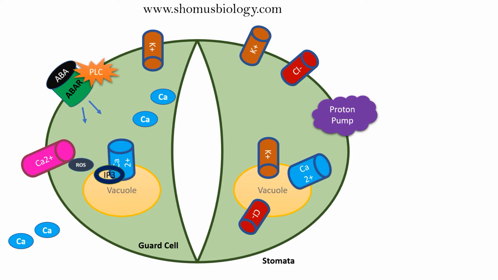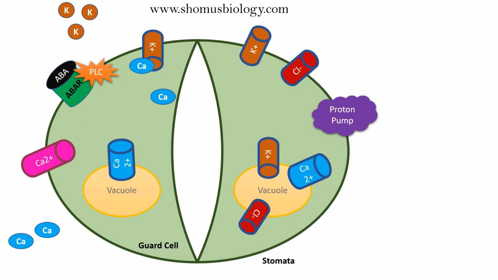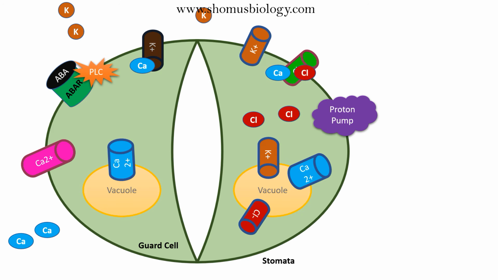These calciums will go and interact with the potassium influx carriers, and what it does is deactivate the potassium influx carrier. As a result, potassium ions cannot be transported inside of the guard cell. These calcium ions also move and interact with the chloride export channels, and they allow chlorides, Cl-, to be exported out of the guard cell.